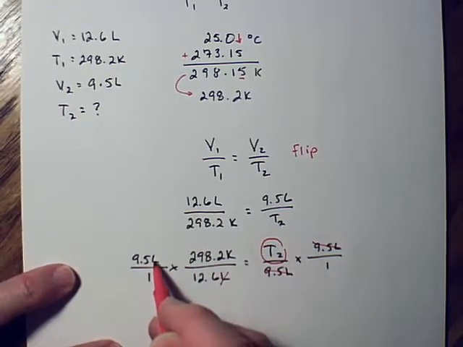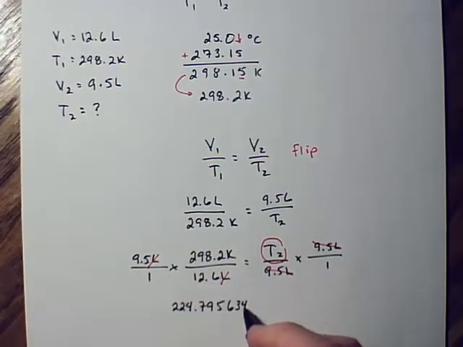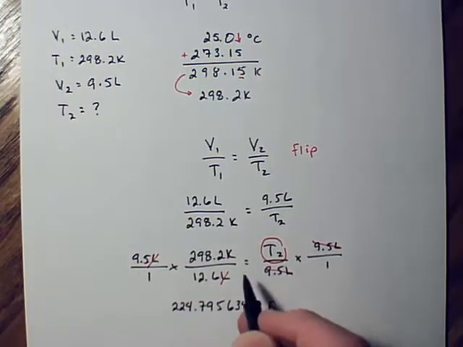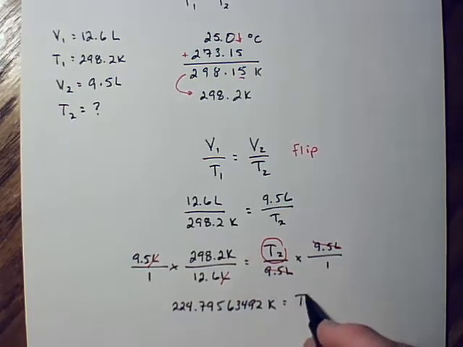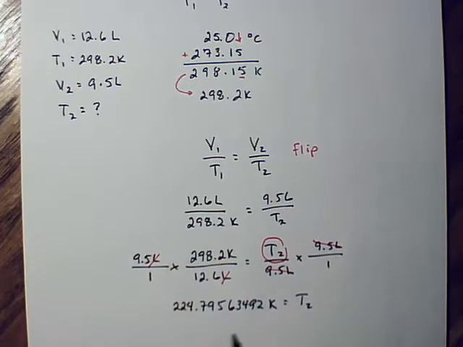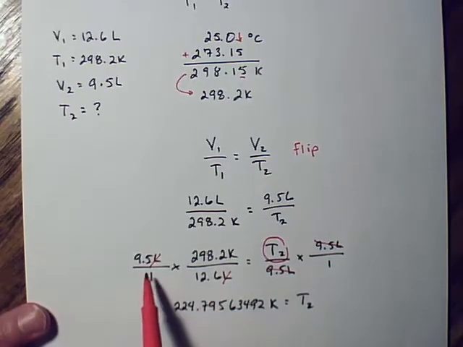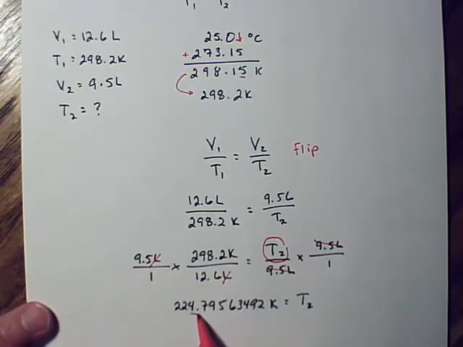We can cancel units of liters. Kelvin is what we have left, and that is a temperature unit. So because it's now left equaling T2, we know we've got the right units. We probably set it up right, at least at this point in time, with these simple equations. The only tricky part here is I've got to round this off to two significant digits.